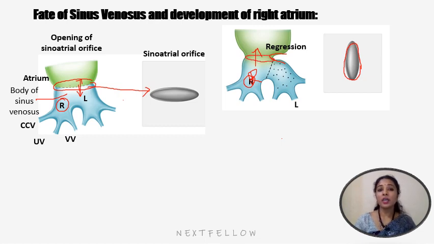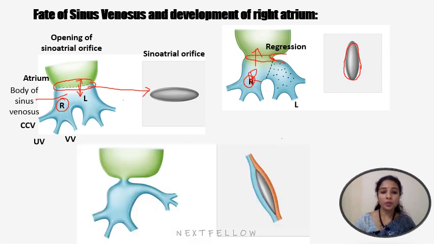This sinoatrial orifice is guarded by valves called the right and left venous valves, because that is the venous end. The upper ends of the two valves fuse to form the septum spurium. You can see now this opening is constricted.